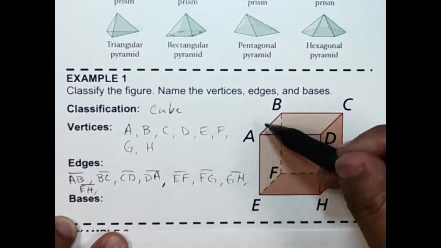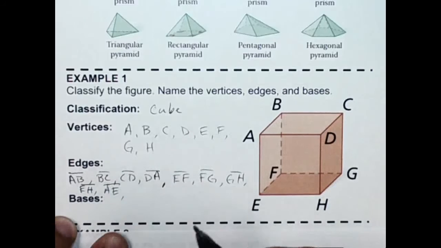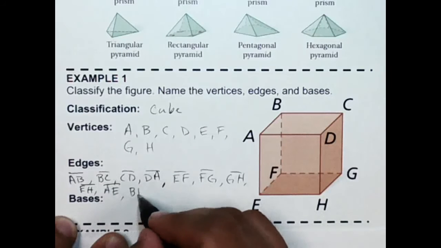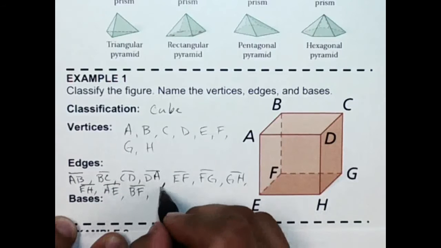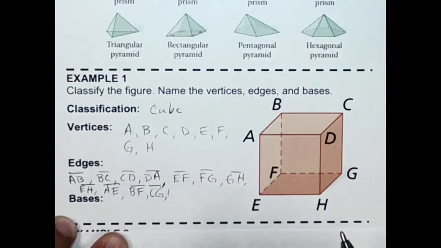Right, and I'm going to do the ones that come down. So that's going to be AE. Then we have BF, CG, and then we'd have DH.